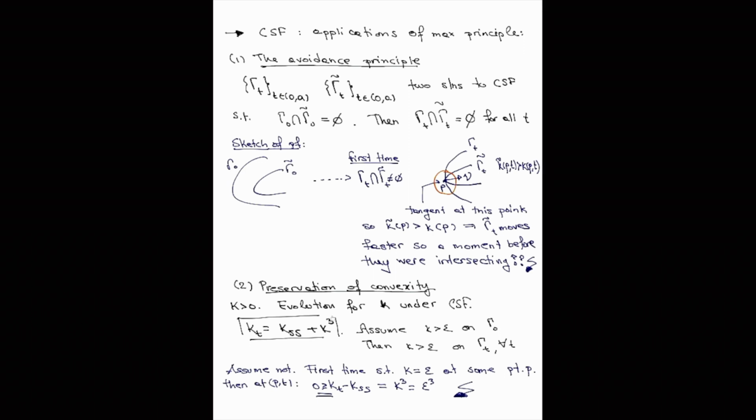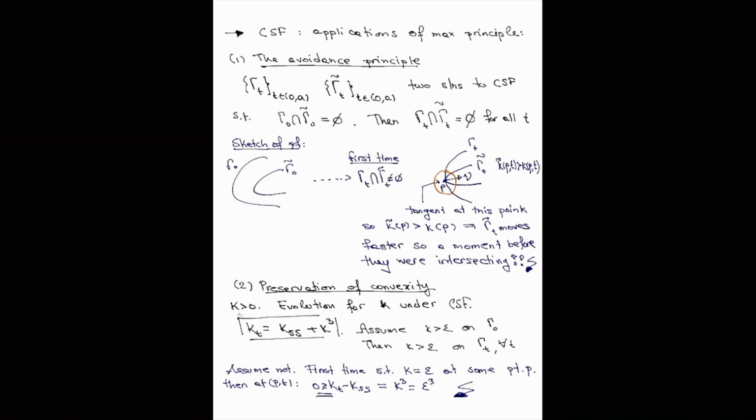If you forget about this term, this looks like a heat equation. Well, this is exactly a heat equation, but it has this additive term. Now, this additional term actually helps because it's positive. So how can we prove that kappa is positive? Let's assume we have this at the beginning.